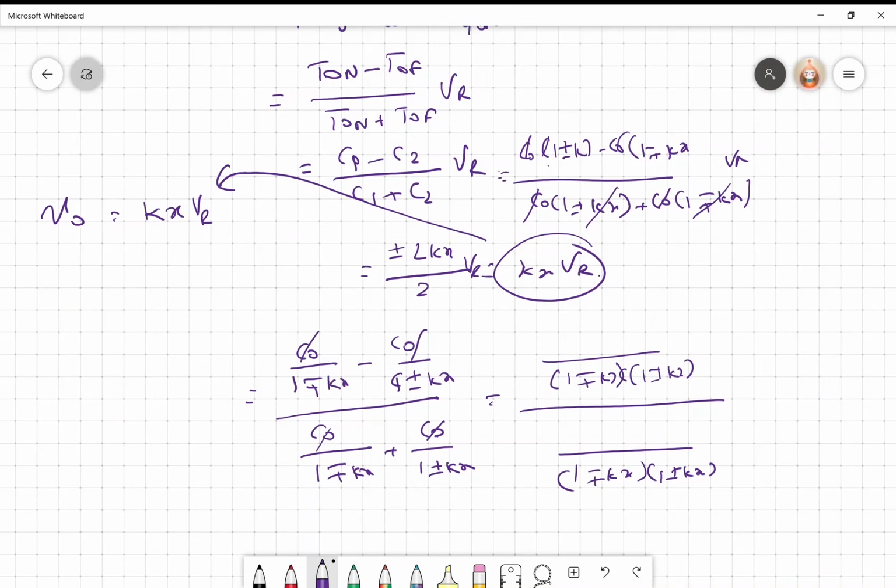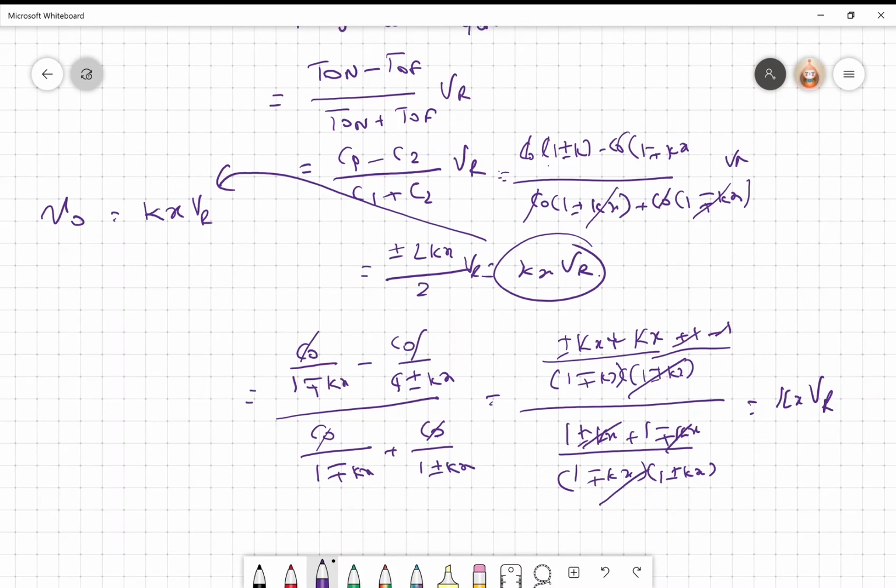Okay, now we get here 1 plus or minus kx plus 1 minus or plus kx. So this cancels out, this cancels out. This will be plus or minus kx plus or minus kx, plus 1 minus 1 cancels out. This again is kx into Vr.